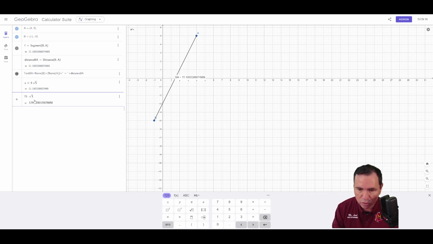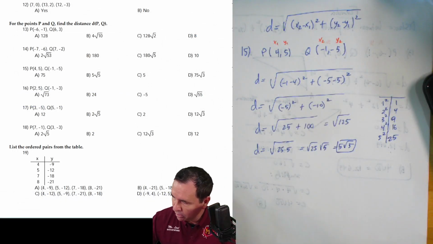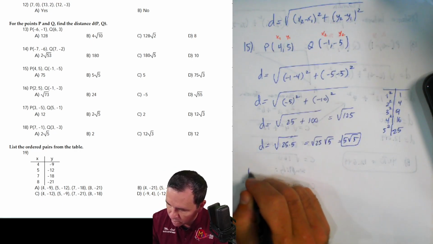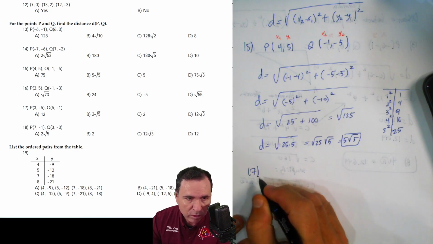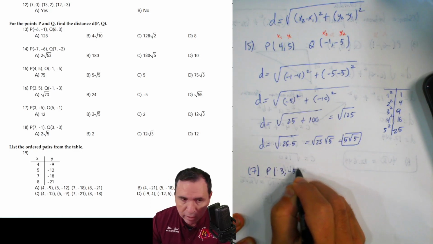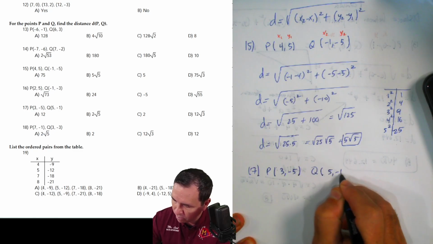All right, so let's go back to this one. You get to do problem 16, I'll do 17, okay? And this time I'll do it using GeoGebra real fast so you can see how it's done. So 17, P is (3, -5), and then Q is (5, -1), okay?